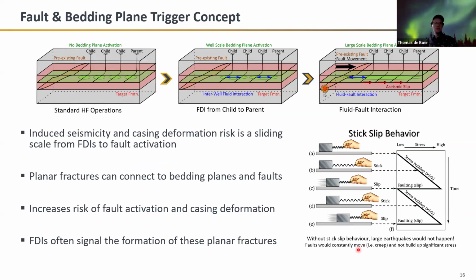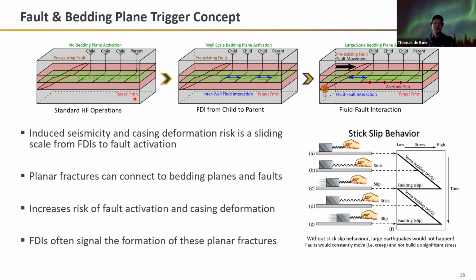To go into a bit of the background concept behind this, we think of induced seismicity and casing deformation, along with fracture-driven interactions, as more of a sliding scale. So in the top left here, we can imagine our standard hydraulic fracturing operations. We're getting maybe regular bi-wing fractures or more localized fracture networks around our wellbores.